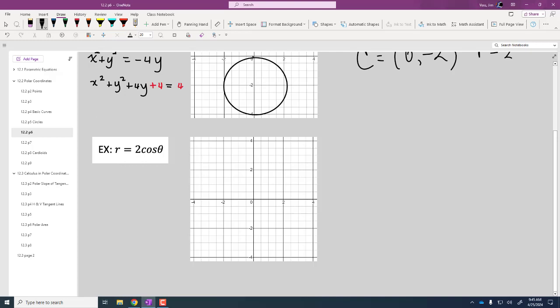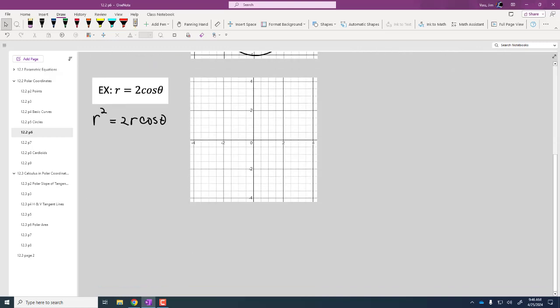Same idea here. So if we have a constant times sine or a constant times cosine, we know it's a circle. How do we find the equation? Well, we're going to multiply both sides by r, and we'll convert this over to Cartesian. So if we multiply both sides by r, then we know that we have x squared plus y squared is equal to 2 times x. We put everything on one side.